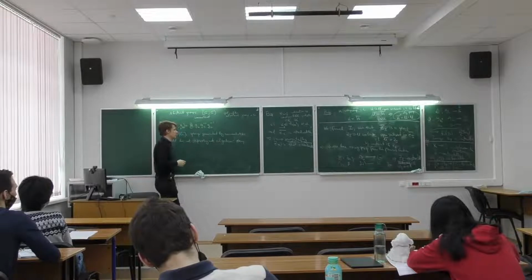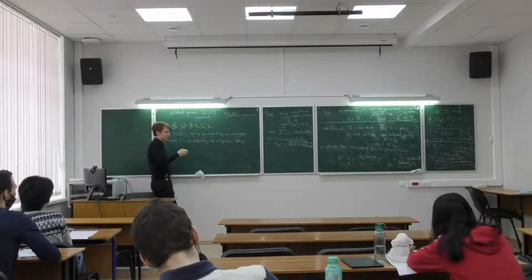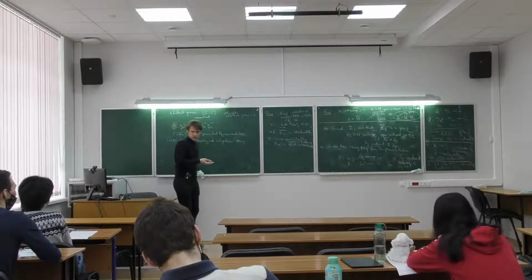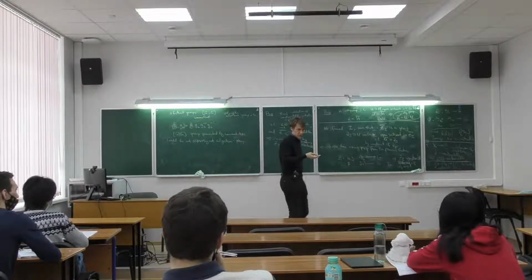Now you have the difference between Lie groups and algebraic groups. In Lie groups, the commutant is not necessarily a Lie subgroup.